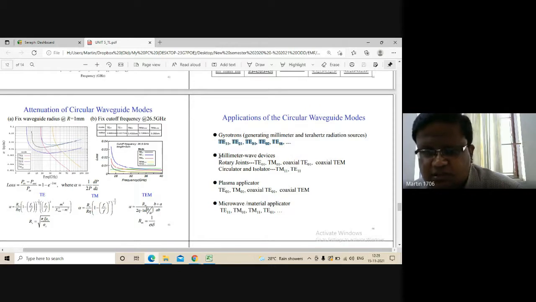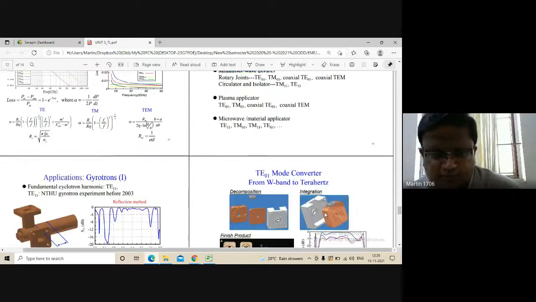Similarly for the millimeter wave device and for the rotary device, these modes can be applicable. For circulator and isolator, TM11 and TE11. For plasma applicator, microwave and material applicator, these modes are the most applicable.